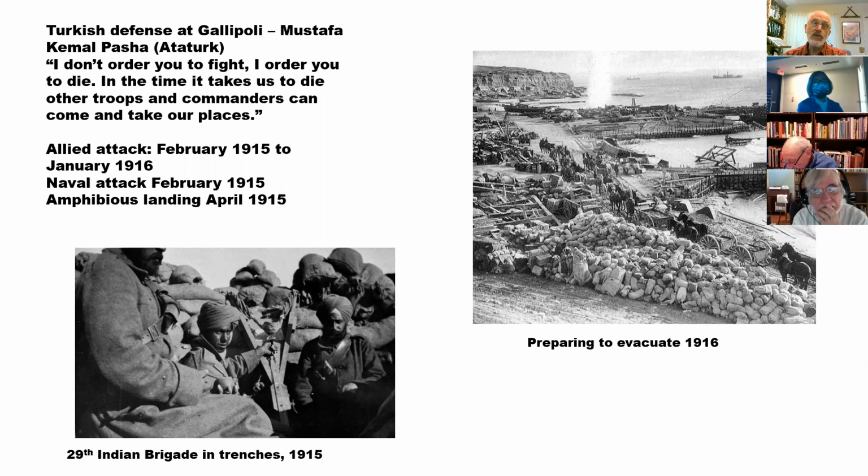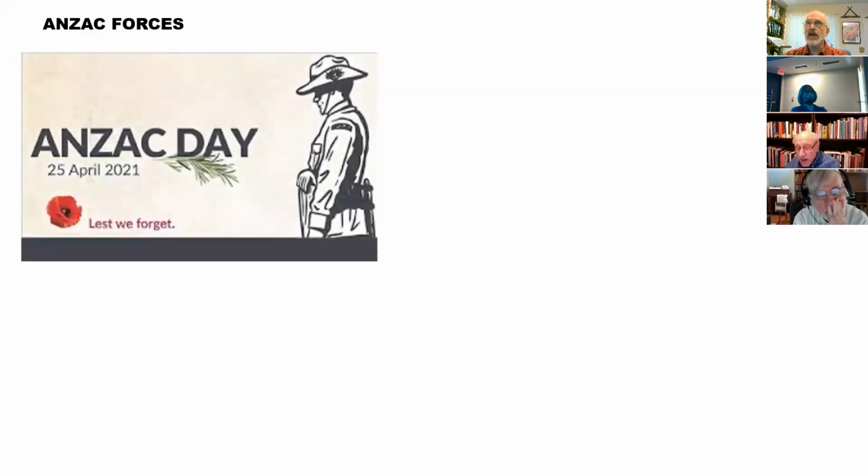You know, if you have a huge number of people and you have rifles firing them, you may succeed. They get cut down both on the Western Front and in Gallipoli. It's such a waste of humans, the kind of stuff that went on. And then I want to say something about the Anzac forces.